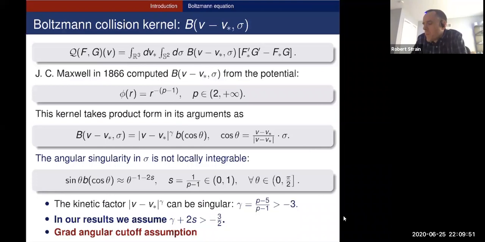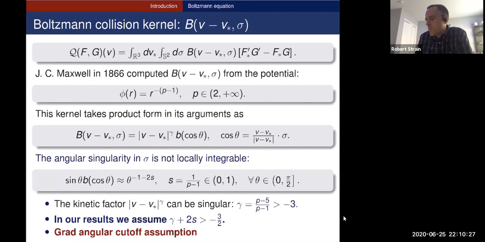The thing I want to emphasize here is that this gives an example of a non-local fractionally diffusive operator that was defined in 1866 before the concept of fractional derivatives was even invented mathematically. But nonetheless, Maxwell wrote down this equation, and he didn't know it at the time, but he just calculated this lowercase b from a physical potential, and this is what he got.